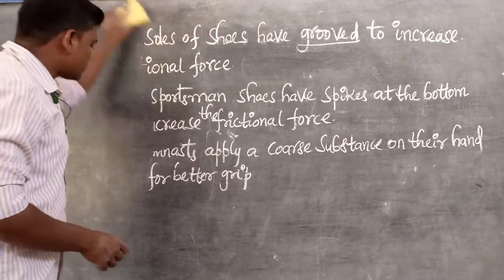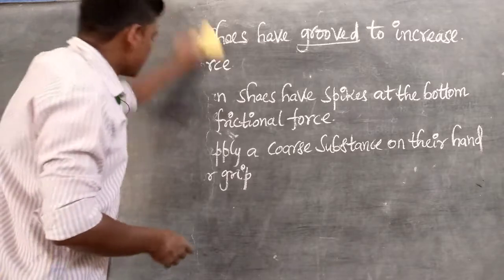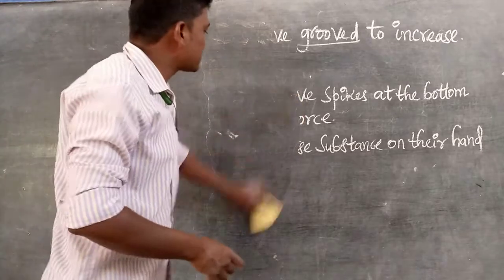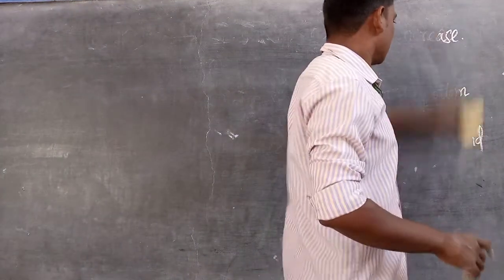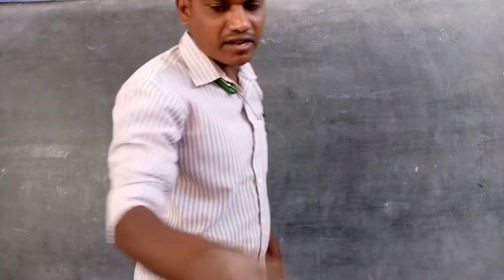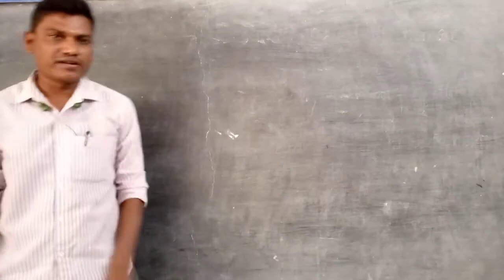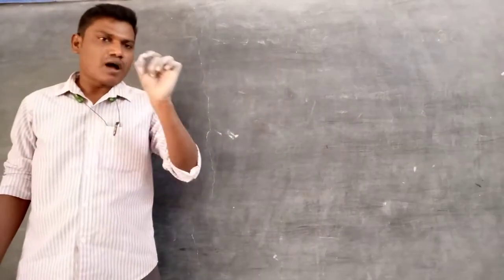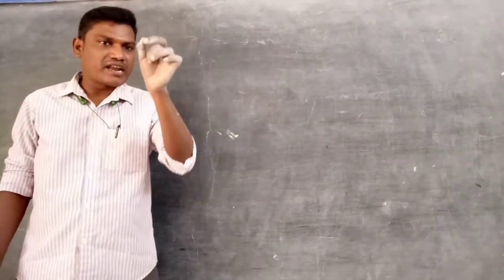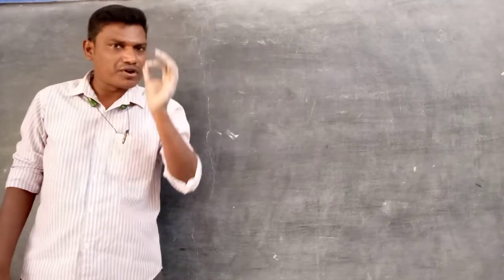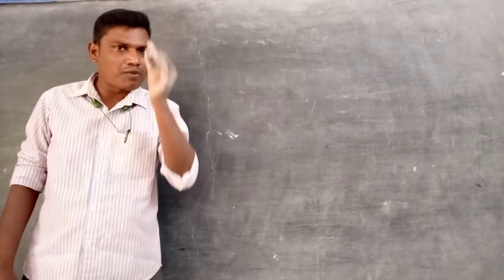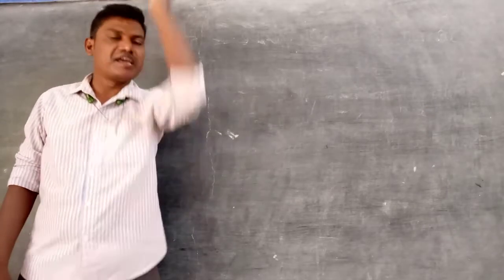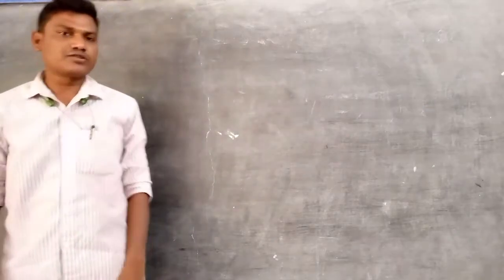And the second one I also told, by increasing the mass of the object. For that, I explained clearly at the start of the video. If the mass of the object increases, the gravitational force acting on the body also increases. If the gravitational force acting on the body increases, automatically the normal force also increases.